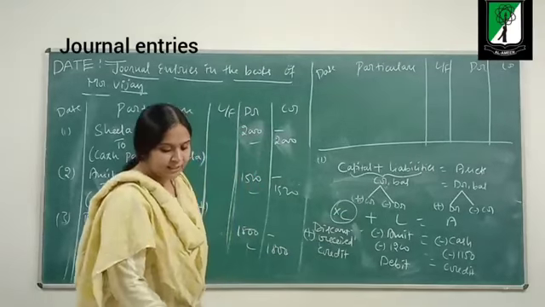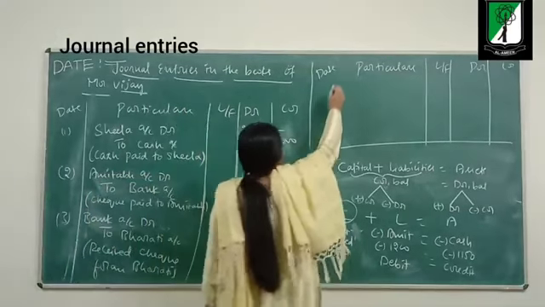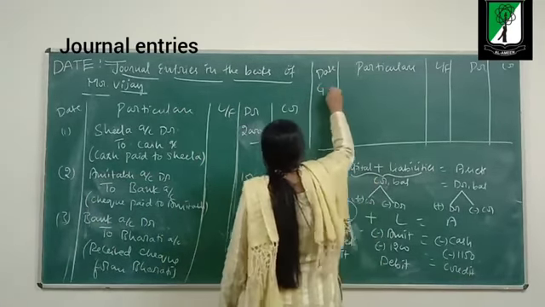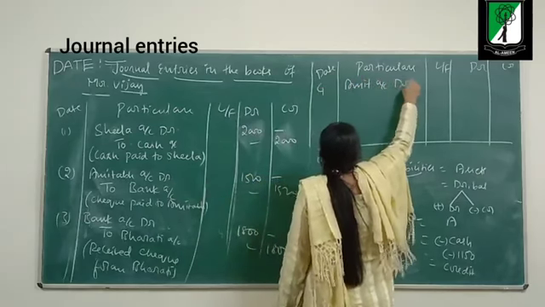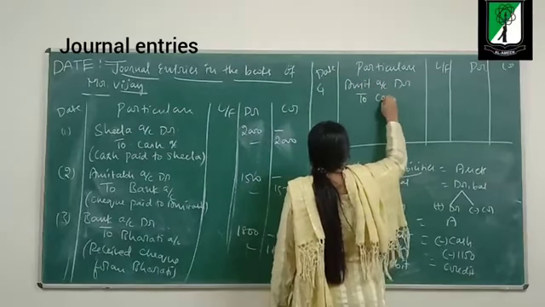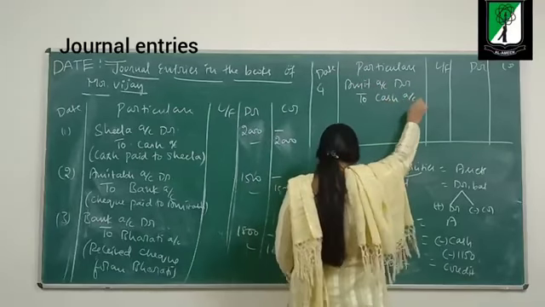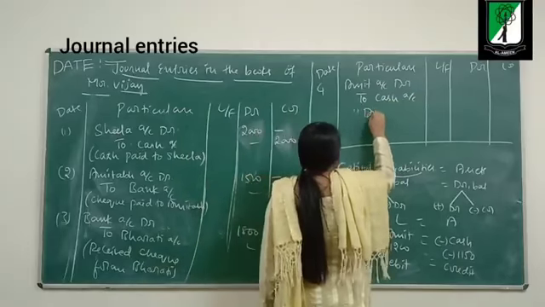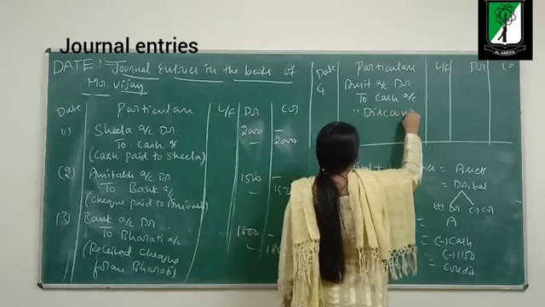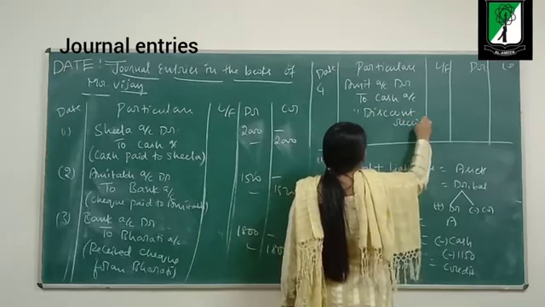So, what is the journal entry? Amit account debit to cash account, to discount received account.